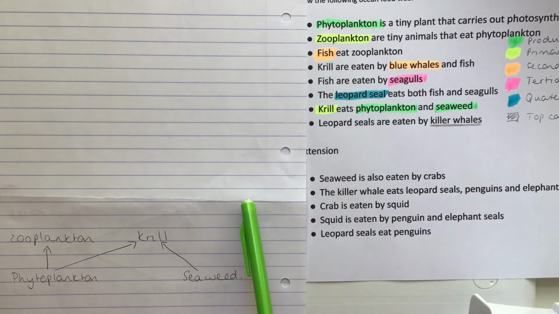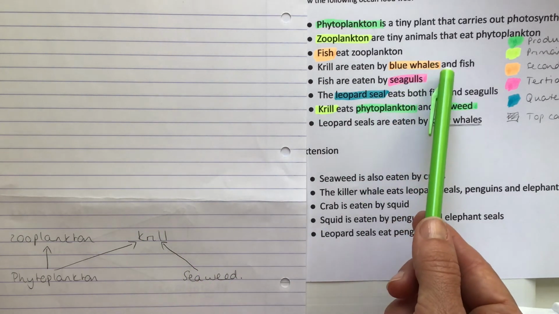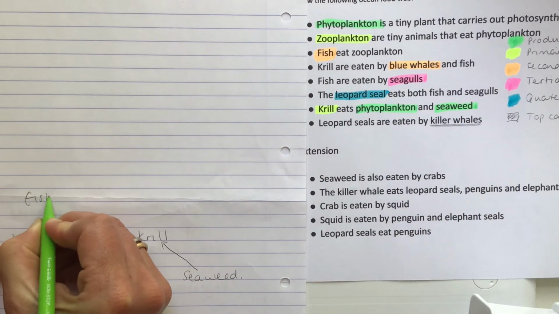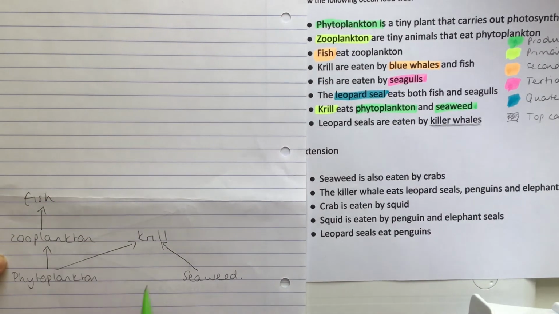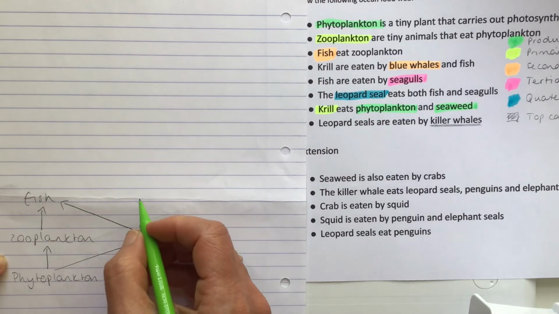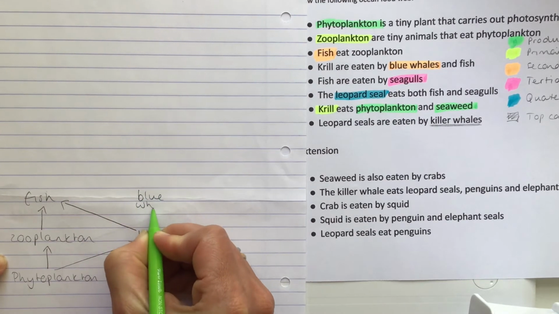Let's look now for secondary consumers. Fish eat zooplankton and krill are eaten by blue whales and fish. Okay, so we've got fish eating the zooplankton and krill are eaten by the fish and also by blue whales.